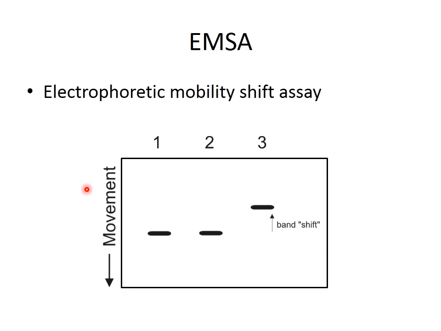Now in this illustration you can see that in lane 1 there is this DNA which is going to migrate at a certain rate. This lane contains only DNA in it. So this DNA is going to migrate at a certain rate and after a definite period of time will occupy this position on the gel. Now in lane 2, this is a mixture which contains DNA and some interacting partner.